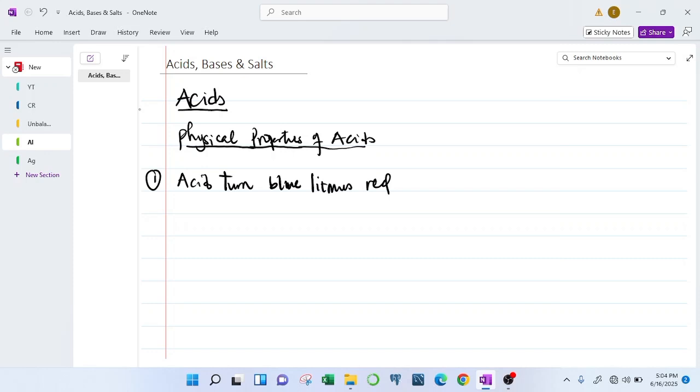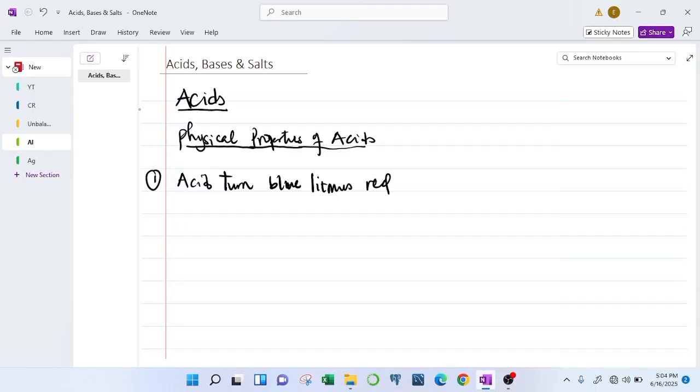Technically you can also add other indicators, like acids turn phenolphthalein colorless. But because litmus is the most accessible, litmus is preferred and you can easily get litmus paper and use it as compared to others. Use and reuse for litmus paper. So it is used as part of the physical properties.